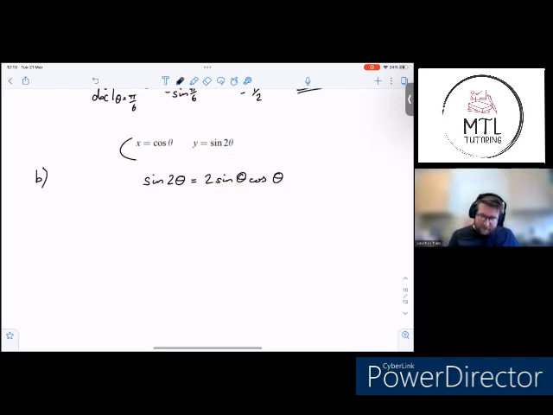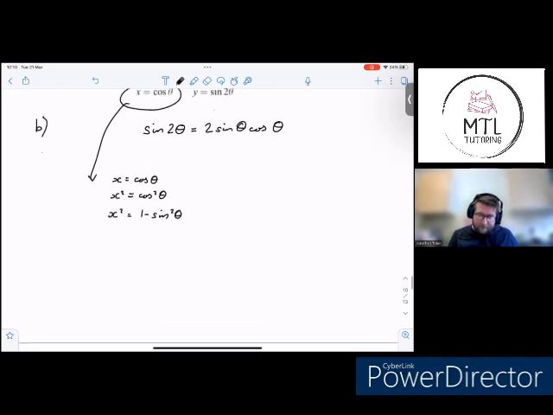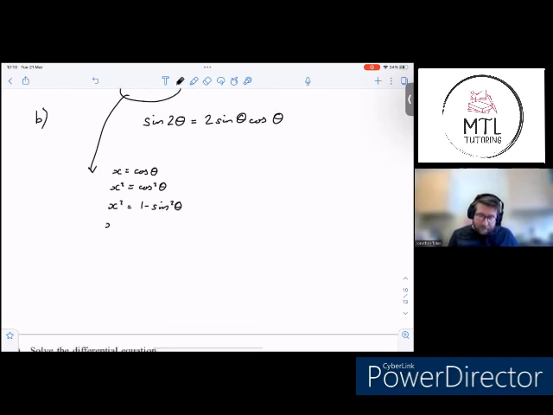So let's look at x. What we need is to find an expression for sine theta. So if x is cos theta, well, x squared would be cos squared theta. So x squared would be 1 minus sine squared theta. So sine squared theta is 1 minus x squared, so sine theta is root 1 minus x squared.